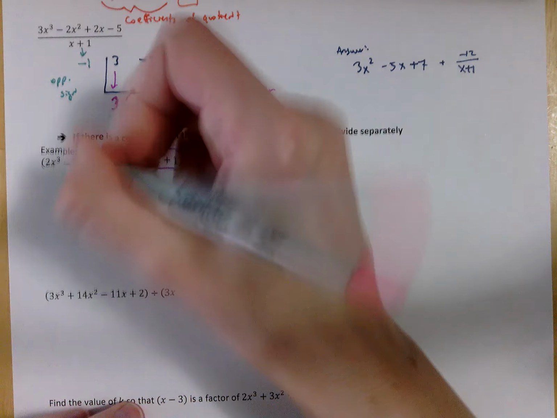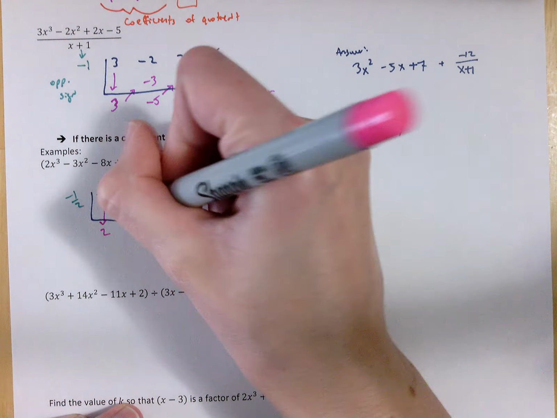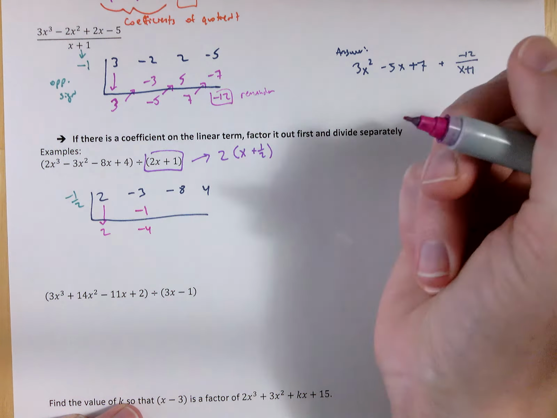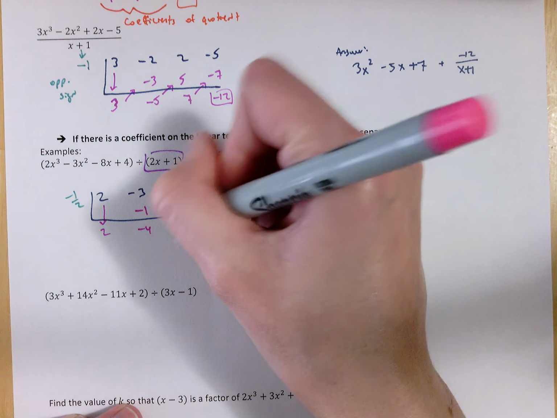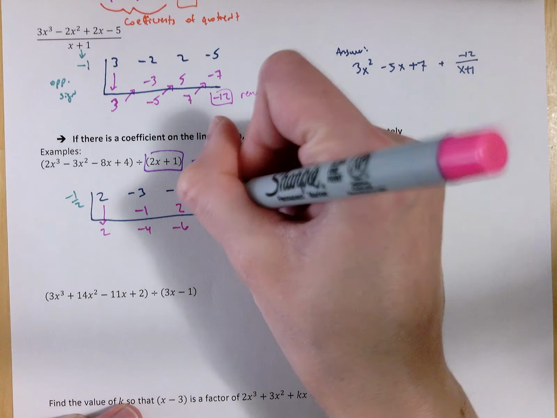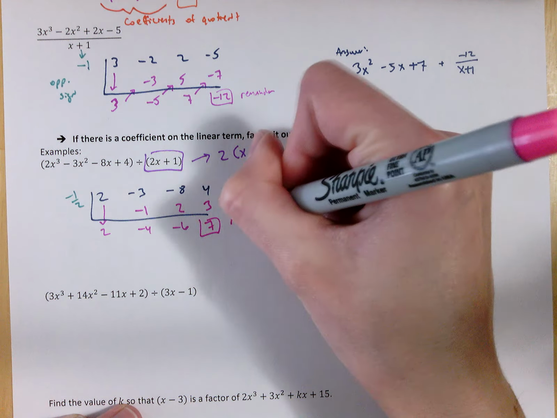Bring the first number down, so that's 2. Negative 1/2 times 2 is negative 1, and then I add to get negative 4. Negative 1/2 times negative 4 is 2. Add to get negative 6. Negative 1/2 times negative 6 is 3. Add to get 7, which is my remainder.